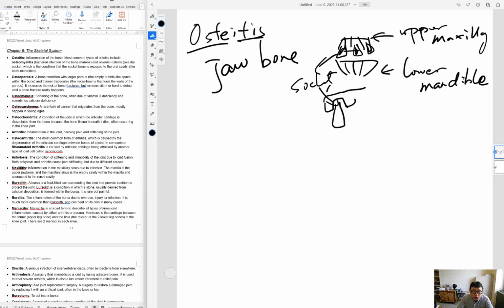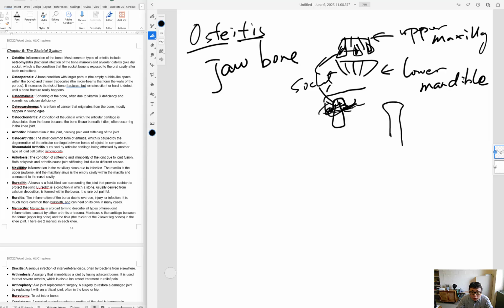Above the socket, you also have soft tissue to hold the teeth. And when you extract the tooth, the bone itself is exposed to the air.